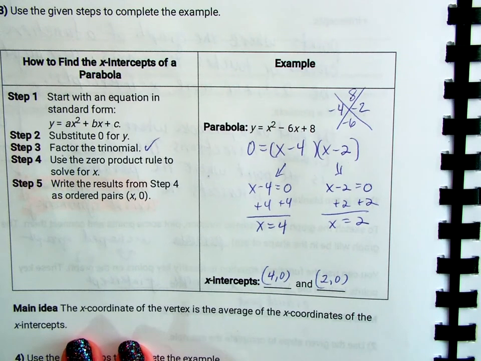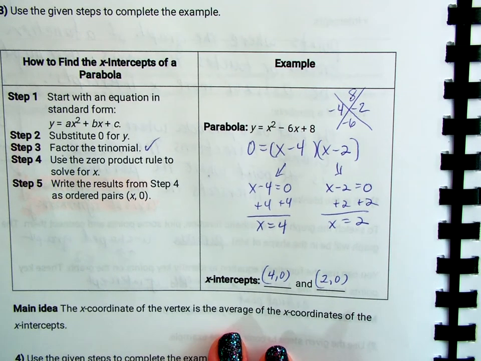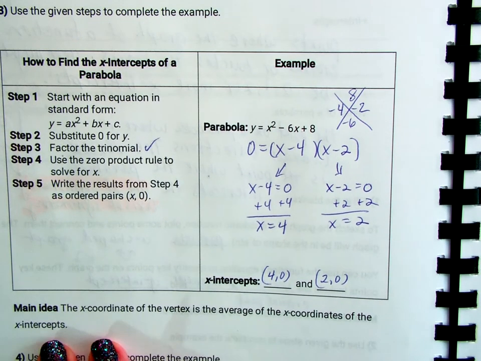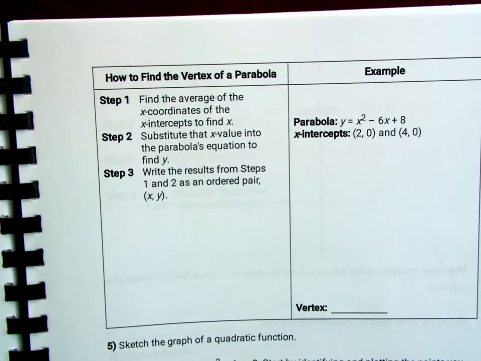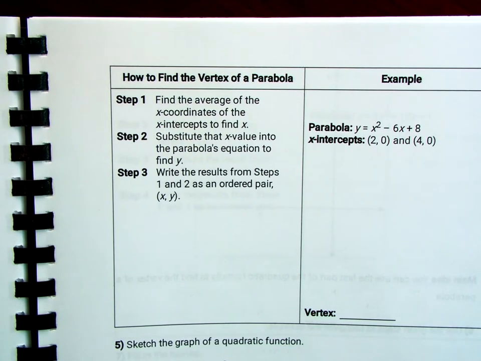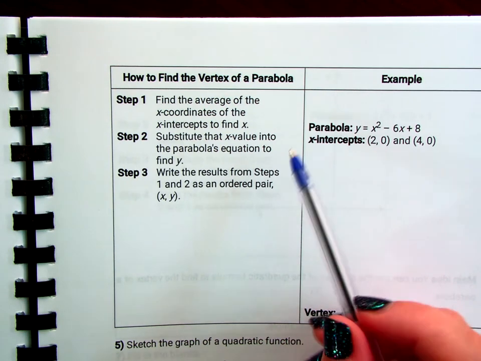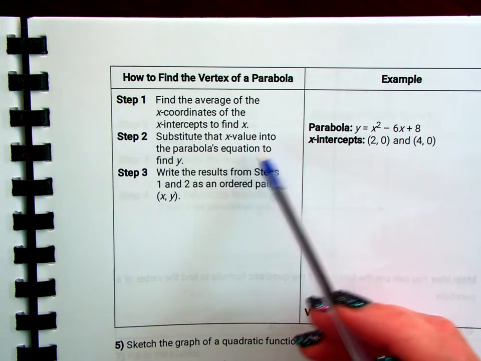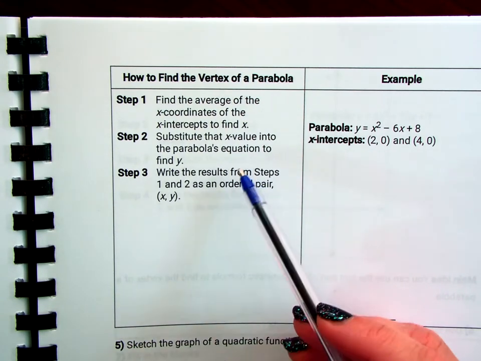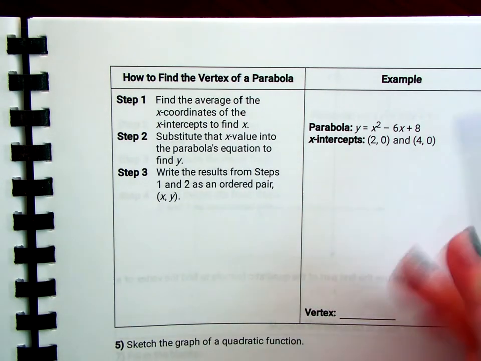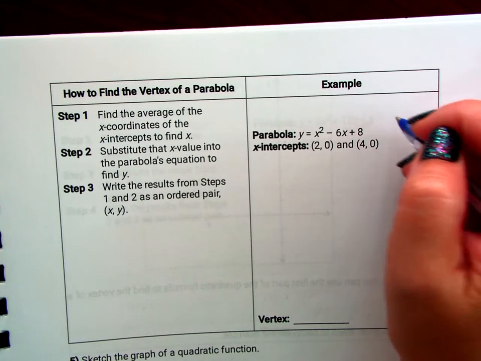All right, this next main idea, the x-coordinate of a vertex is the average of the x-coordinates of the x-intercepts. Use this step to complete this example. Okay, how to find a vertex of a parabola. This is by using an average. So following these steps over here. Picture, if I'm trying to find a vertex, and I know these two x-intercepts, picture this graph.